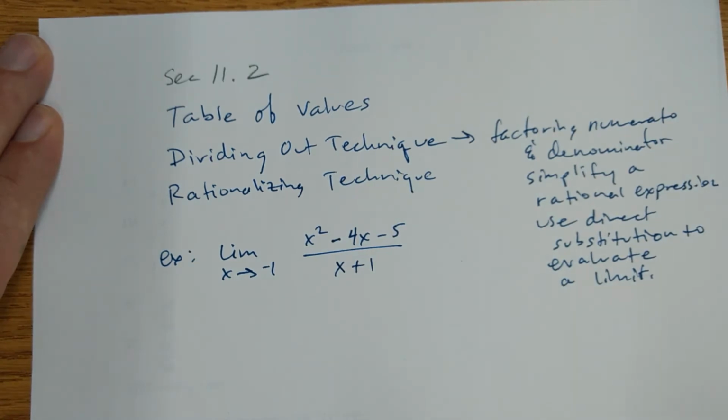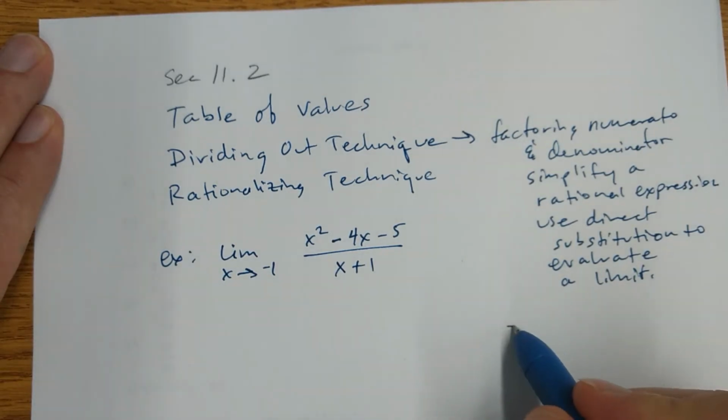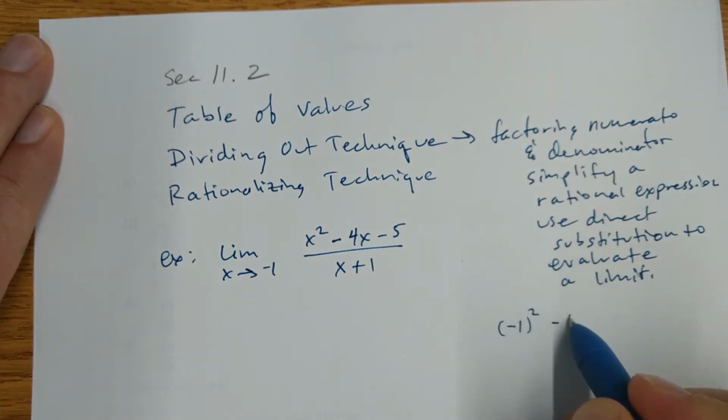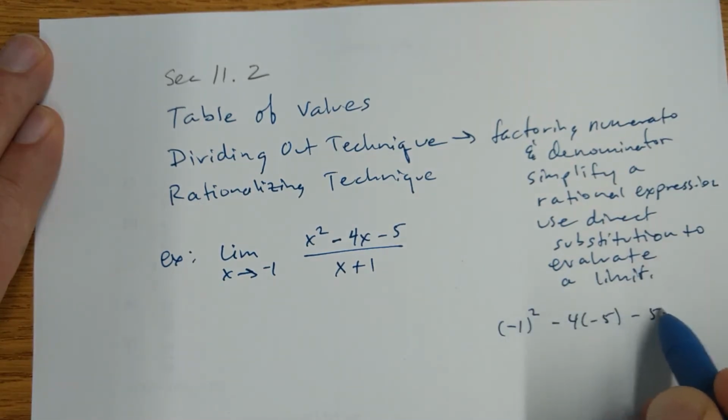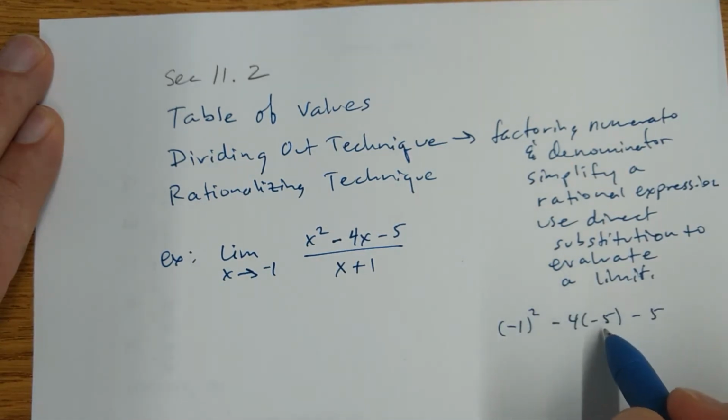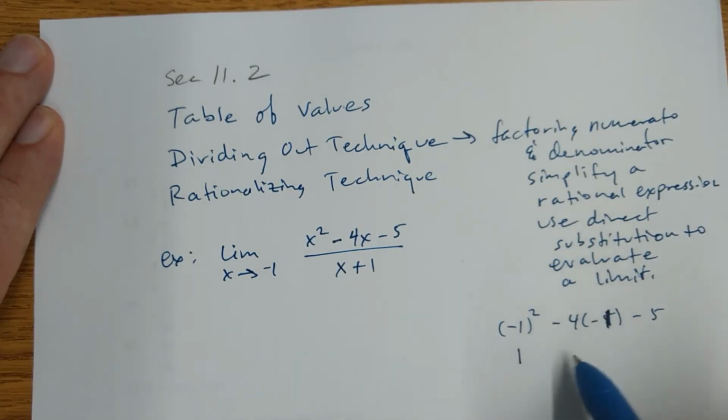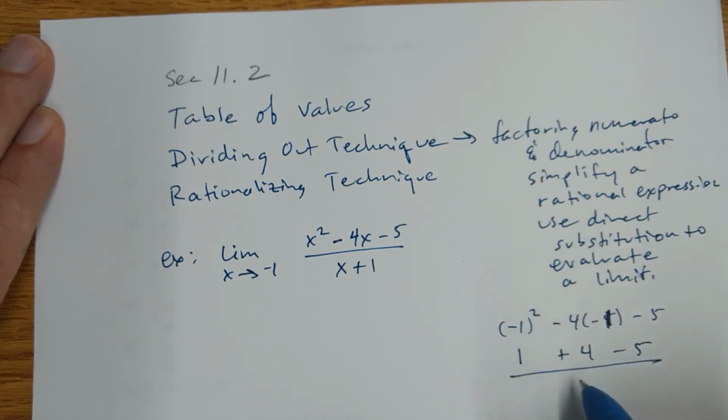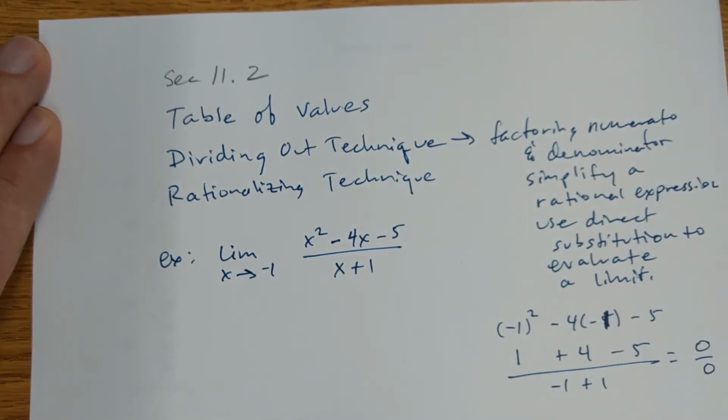So notice that before we get started, if we were to attempt to use direct substitution as it stands, we would get -1 squared minus 4 times -1 minus 5. Whoa, this should be -1 here. So this is 1 plus 4 minus 5, all divided by -1 plus 1. So we would have 0 divided by 0, which is an indeterminate form.